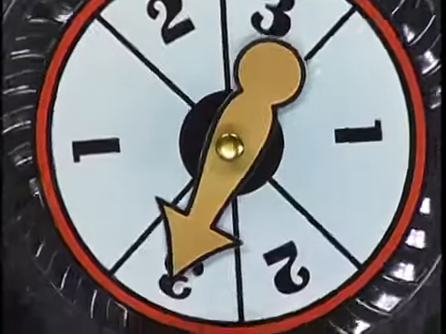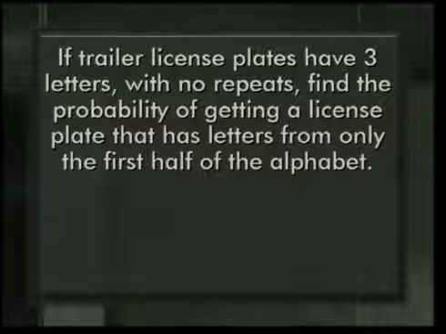Okay, so those are just a few spinners and how it works, just to put some actual probability to the test. Now let's talk about this possibility of probability. Okay, we have this situation.